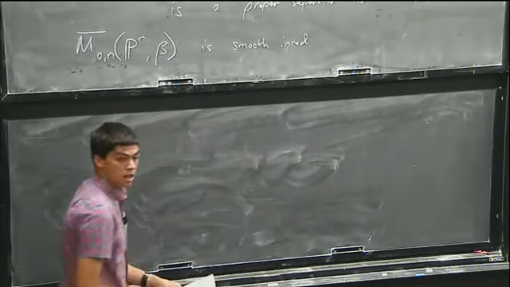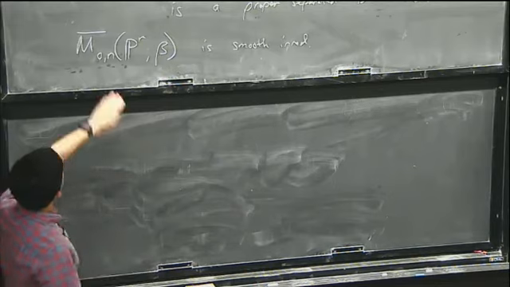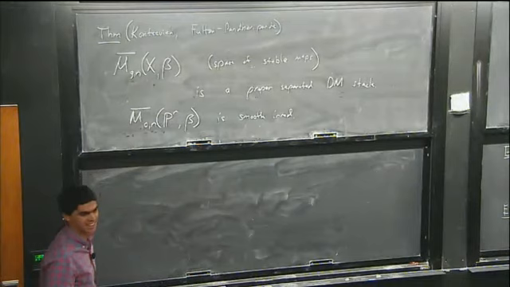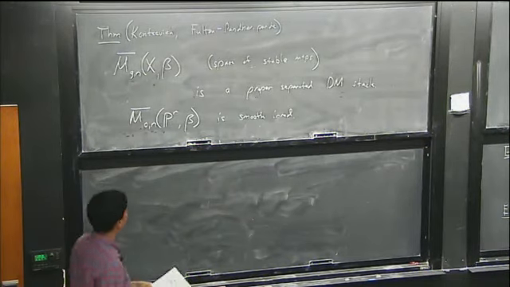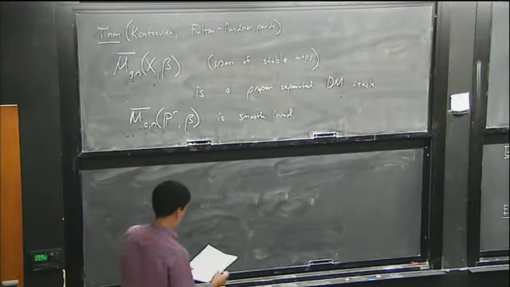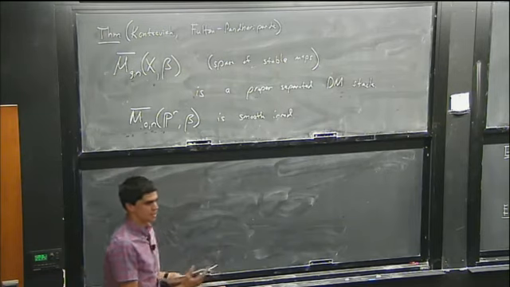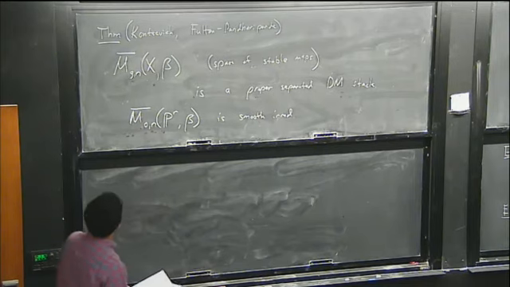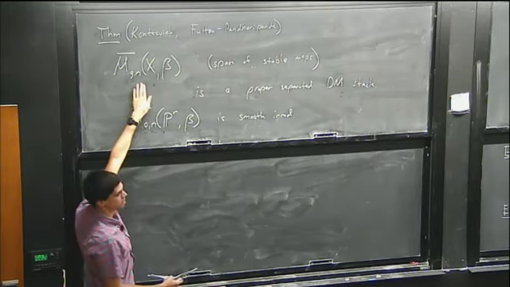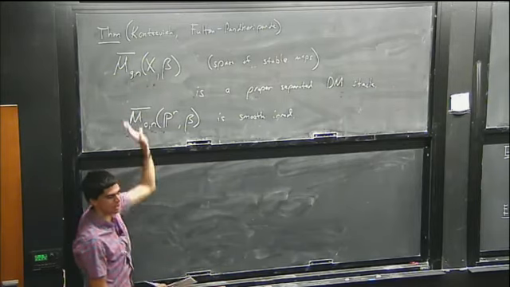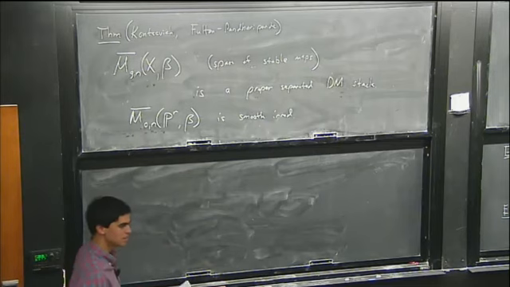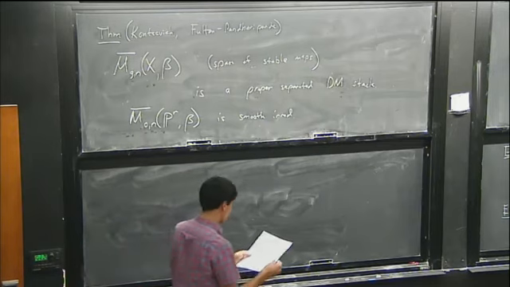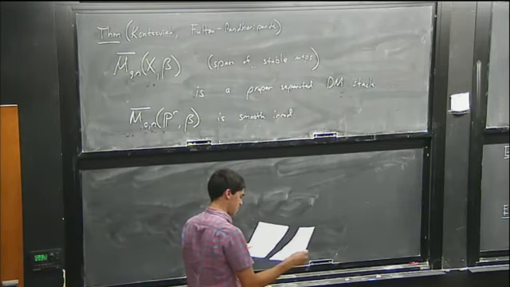There exists a formula that Francois will tell us about in a few minutes for the dimension of this space. If the only things in here were smooth curves that deform in the way you expect them to, then that would be the dimension.